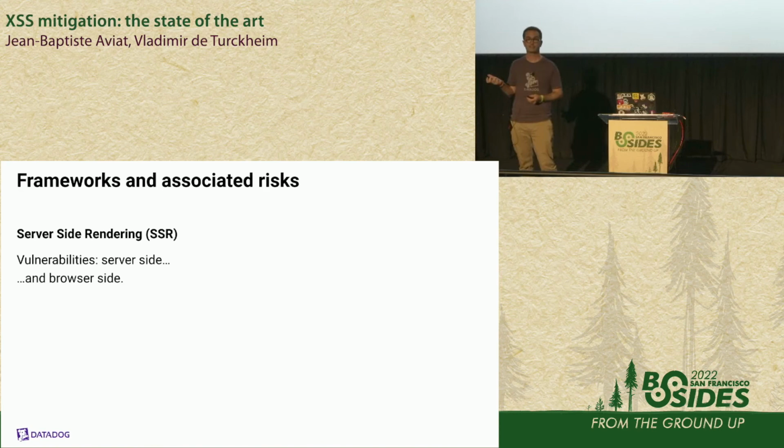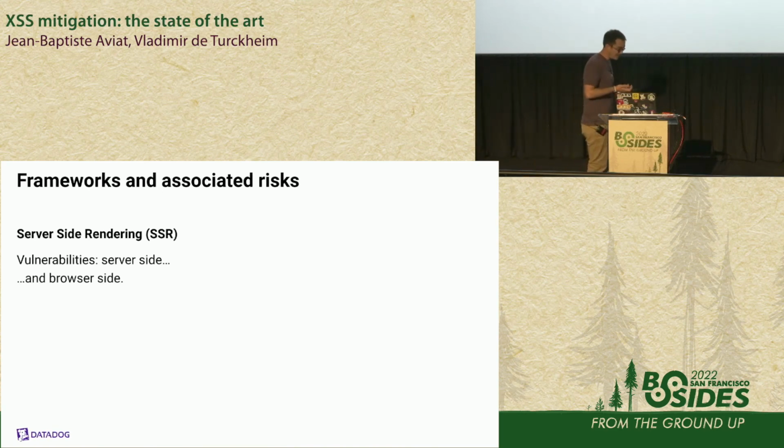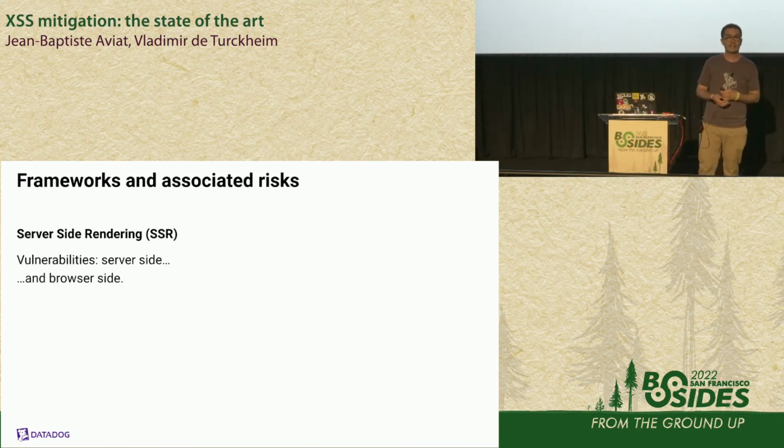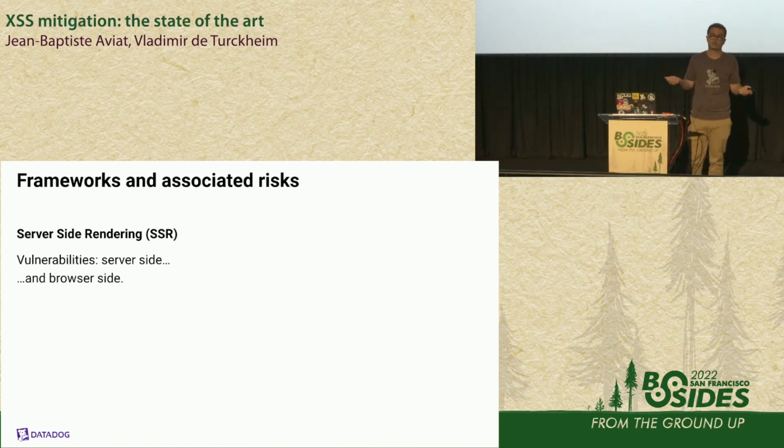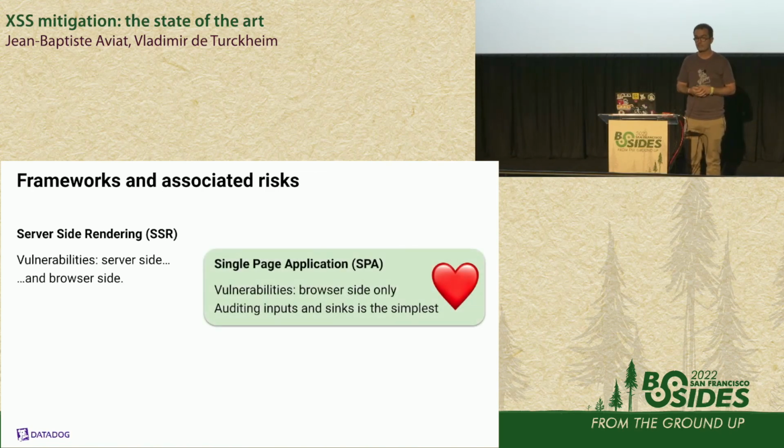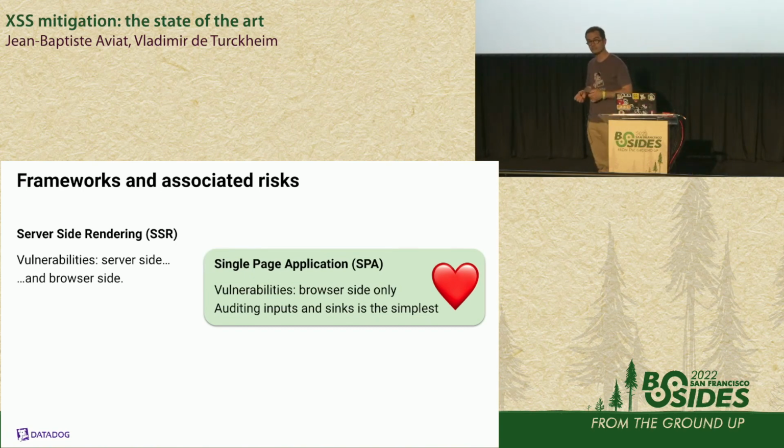So in the case of server-side rendering, the vulnerabilities might be server-side and also client-side, because you will be using, I don't know, jQuery or Vue.js or Rails fancy stuff that will make it potentially complex to audit. In the case of a single-page application, it might be much easier to audit because all the inputs are coming from the network, and so you can really rely on the application.